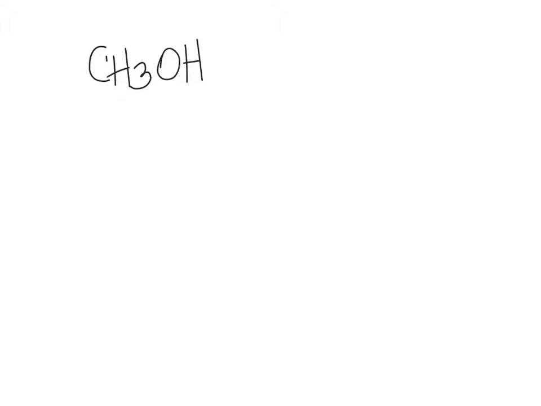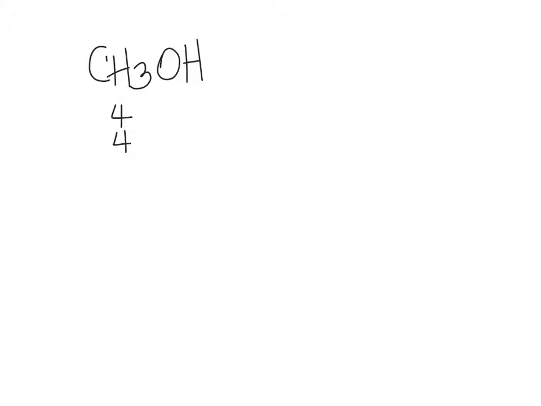So CH3OH. You definitely have an H attached to an O. And you've got your carbon that can make 4 bonds. So this O is going to be attached to the carbon as well as those 3 H's. So carbon brings 4.